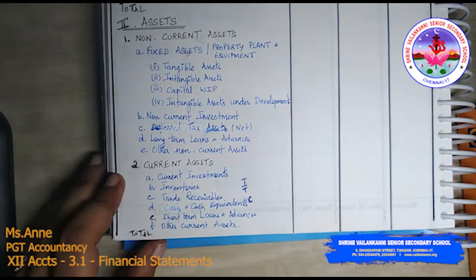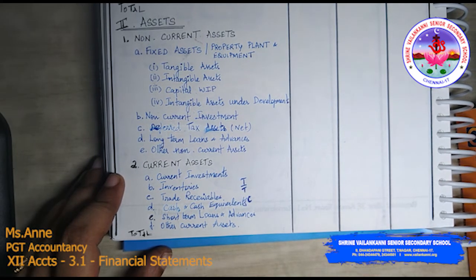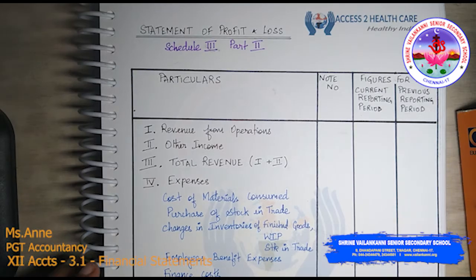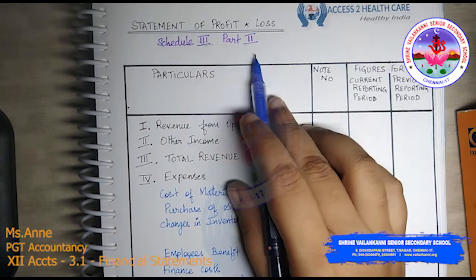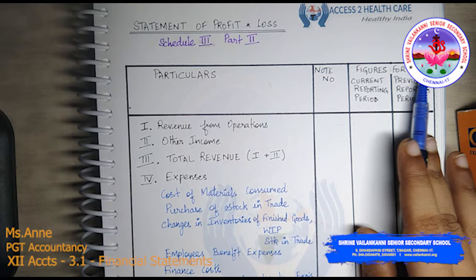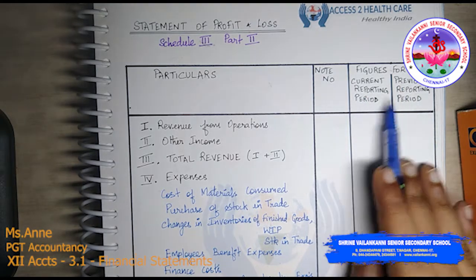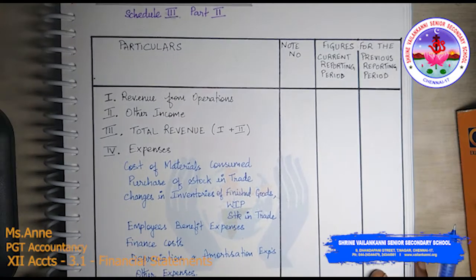Okay, so next we will be seeing the format of P&L. We have this statement of P&L as per Schedule 3 Part 2. So: particulars, note number, figures for the current reporting period, previous reporting period, same as your balance sheet.